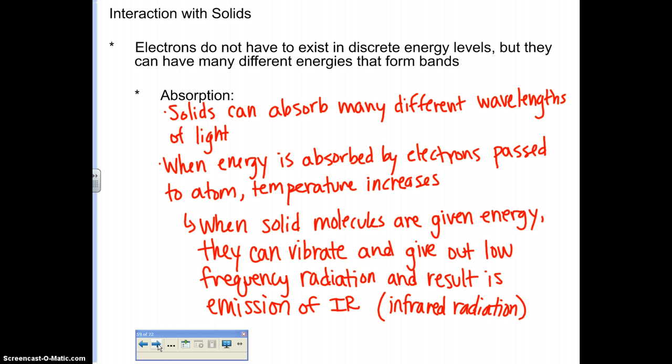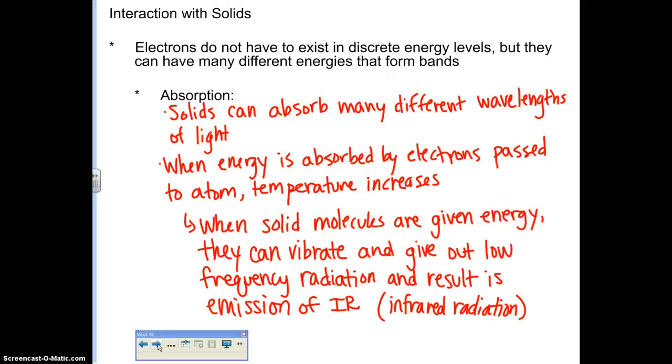Now when we talk about absorption, solids can absorb many different wavelengths of light. When energy is absorbed by electrons passed to an atom, the temperature increases. Absorption increases temperature. This is why we wear black, right? Because black will attract the heat and then it stays, thus insulating us.